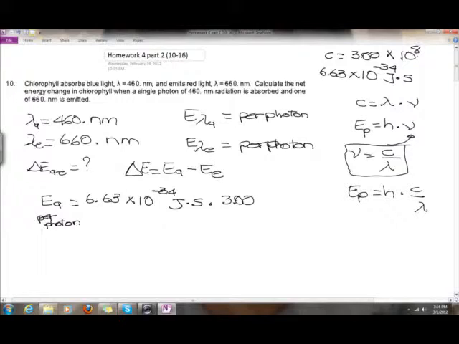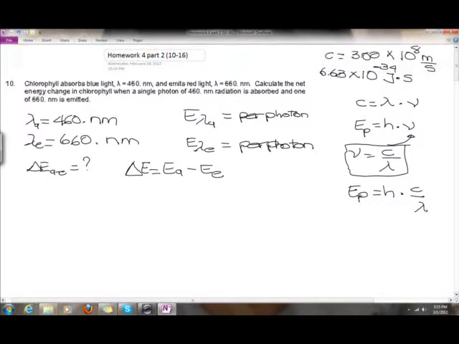Now, an important thing before we plug in: the speed of light is always going to be given in meters per second. Before we start any calculation and plug in any value, we always have to convert each wavelength from nanometers to meters.